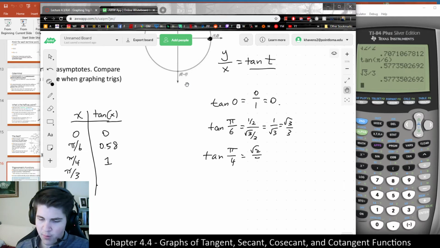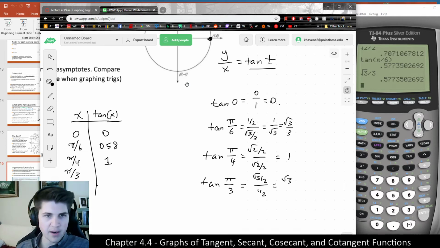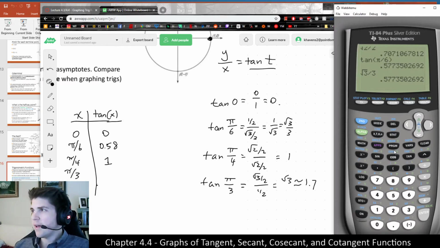So at pi over 4, we had root 2 over 2 over root 2 over 2, oops. It was y over x, which was 1. And at tangent of pi over 3, we've got the reverse ratio, root 3 over 2 over 1/2, which the 2's will cancel, giving root 3 over 1. Root 3, which is approximately 1.7. Just make sure.